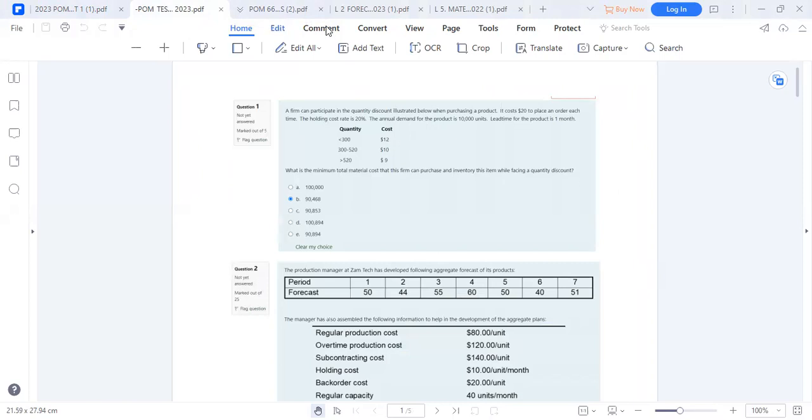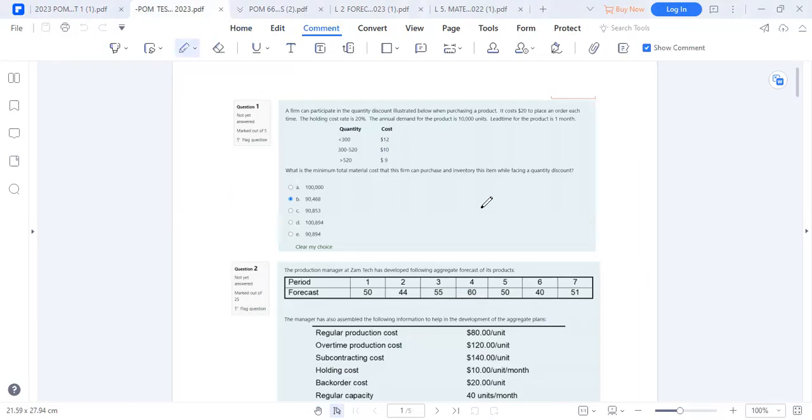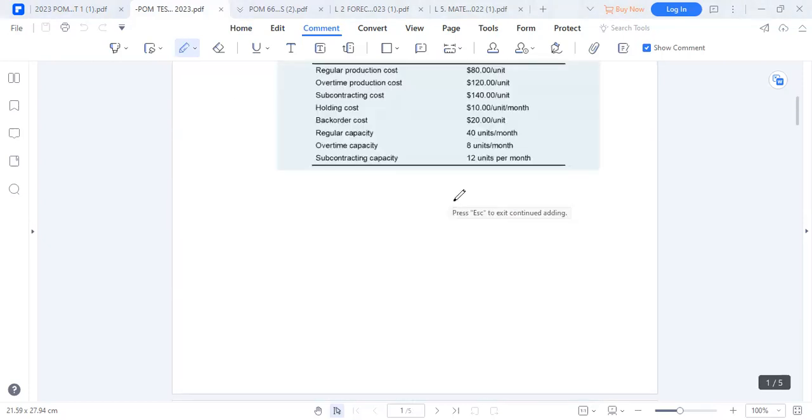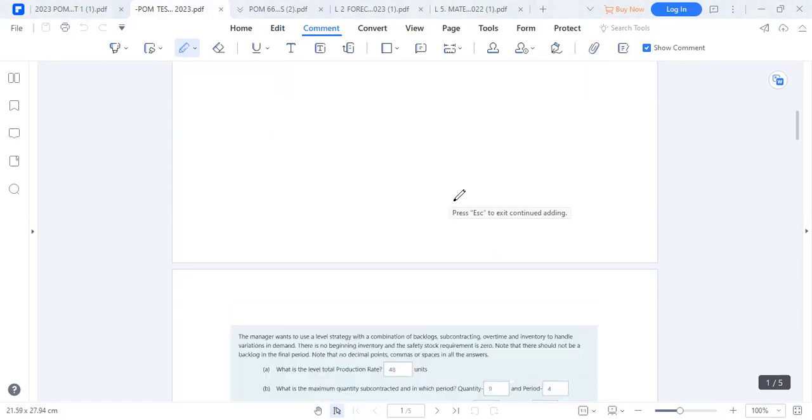So, what is important is for you to understand the topics that are there. As we look at each of these questions, I'll be able to explain where the topics are actually coming from.